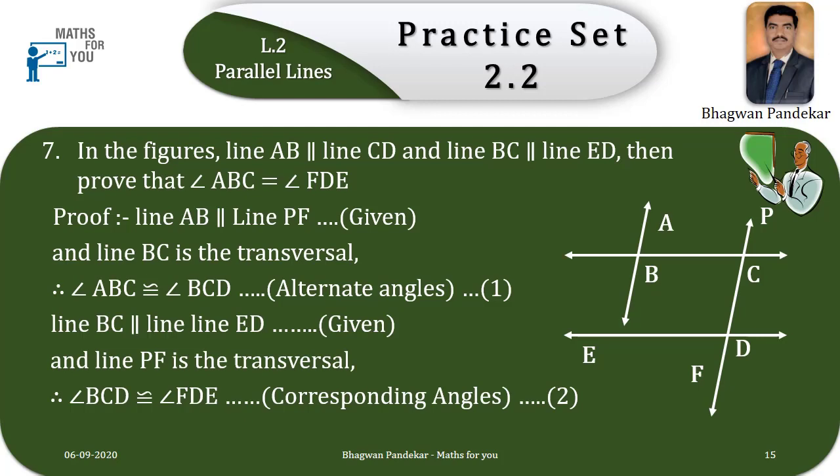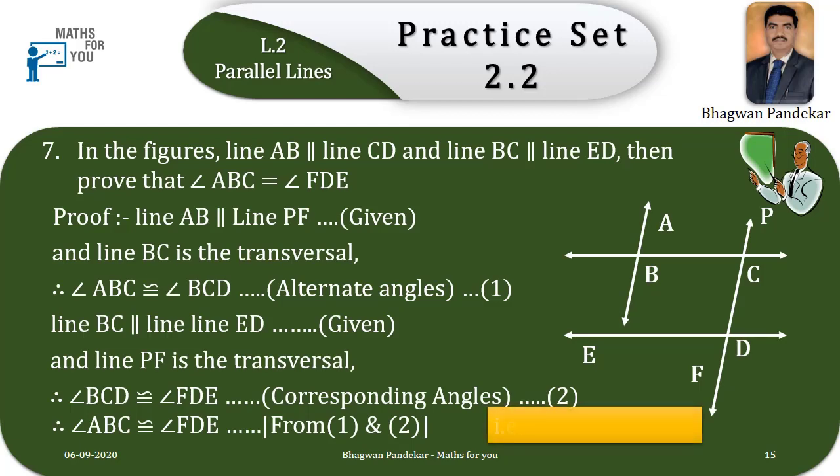Here the reason is corresponding angles. This is your equation second. Therefore, angle ABC is congruent to angle FDE from equations first and second. Therefore, angle ABC is equal to angle FDE. This is your final answer and hence the proof.